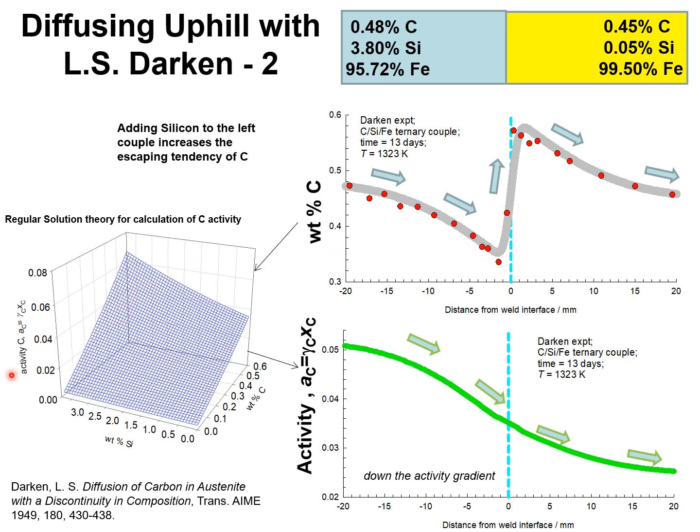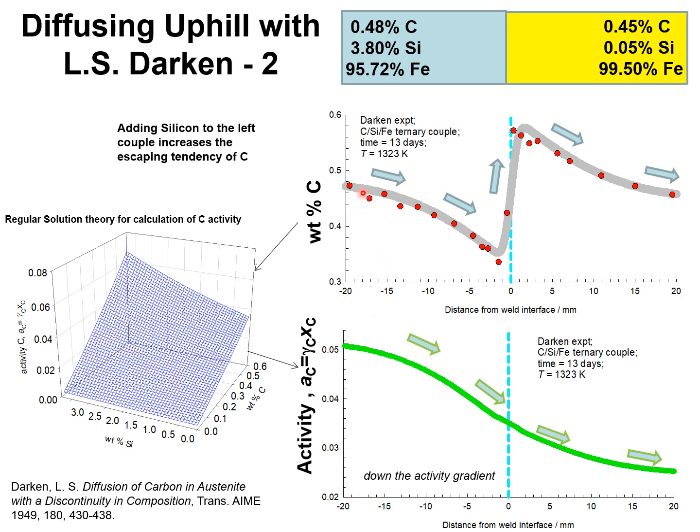The activity of carbon in the mixture of carbon, silicon, and iron is a function of both the weight percent silicon and the weight percent carbon. For a given weight percent carbon, the addition of silicon increases the activity of carbon.